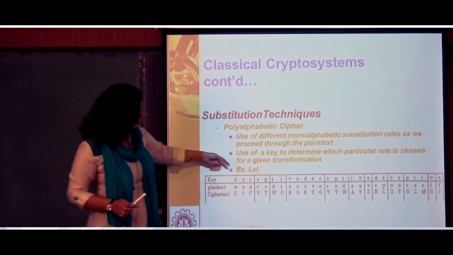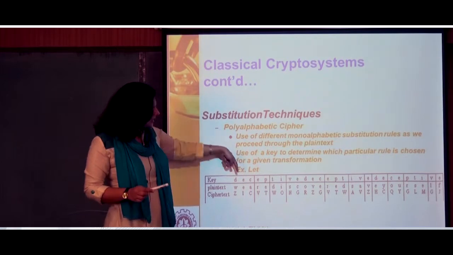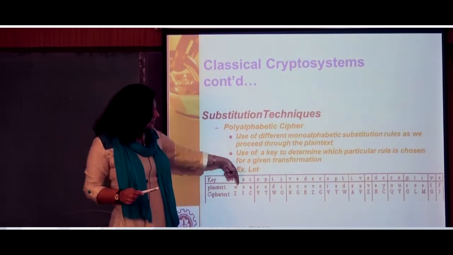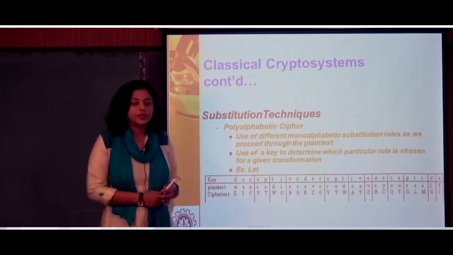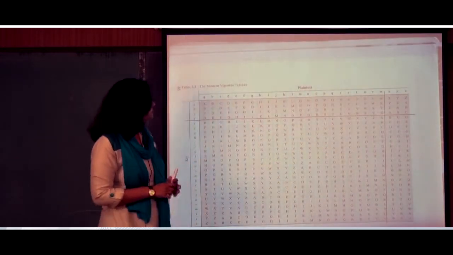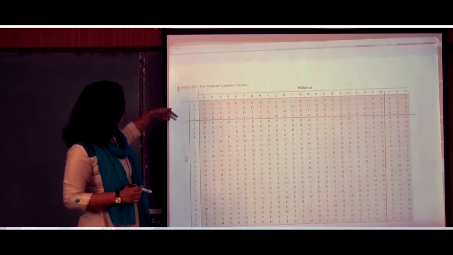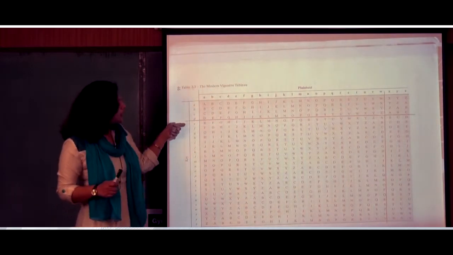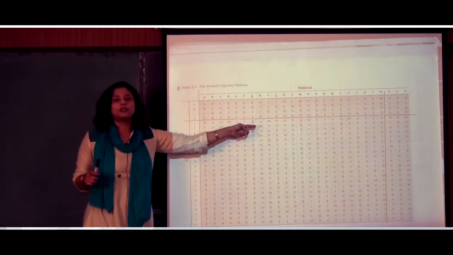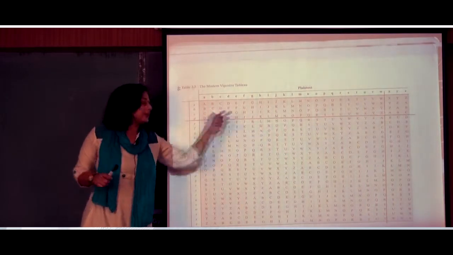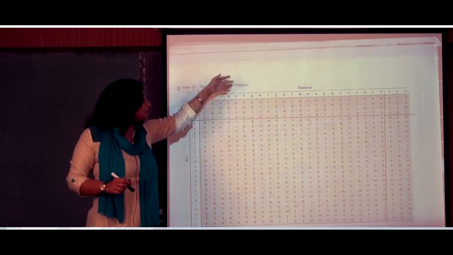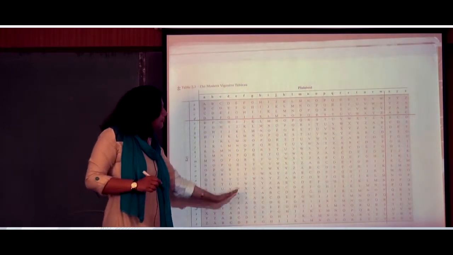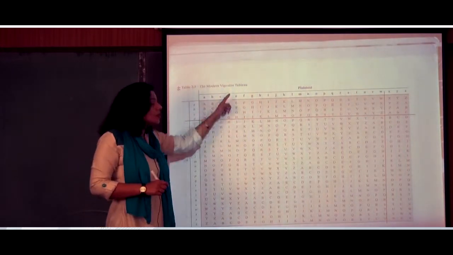Let us look at the second one. The key is E as well as the plain text letter is also E. We are looking into the second letter from the left. So, going back, you can find that if the key is E, you draw a horizontal line along this row, that means along the fifth row, and as my plain text letter is also E, you draw another vertical line along this column.